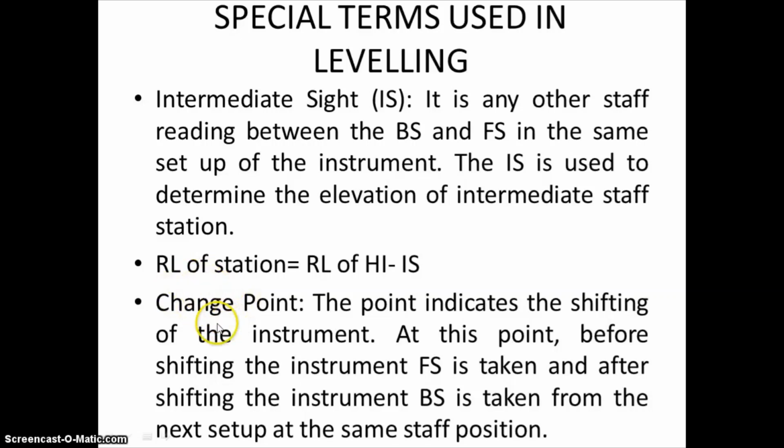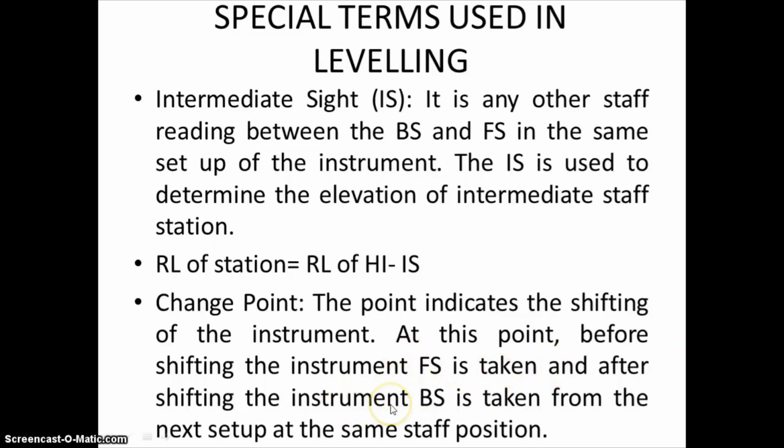When we change our setup from the existing position, we have to take a reading, and that reading is called a foresight reading. Because for that existing position, whatever reading you have taken, that is the last reading, and as we already discussed, the last reading we always call foresight. So as written here, before shifting the instrument we take one reading, called foresight, and you enter it in your foresight column.